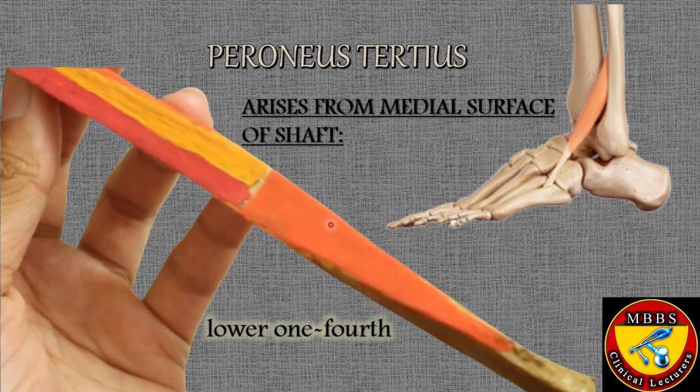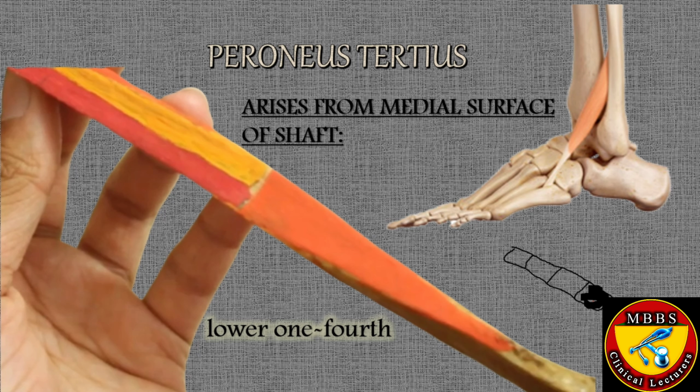Now this lower 1/4 is giving origin to the peroneus tertius muscle, right? Now again I draw, suppose this is the medial surface. This is 1/4, this is 2/4, this is 3, and this is 4th. Now this 4th one is giving origin to the peroneus tertius muscle.